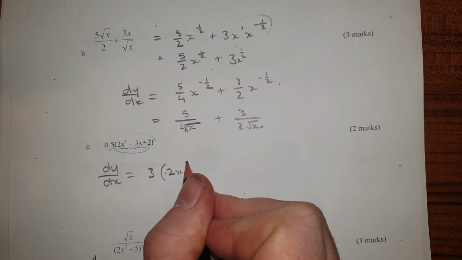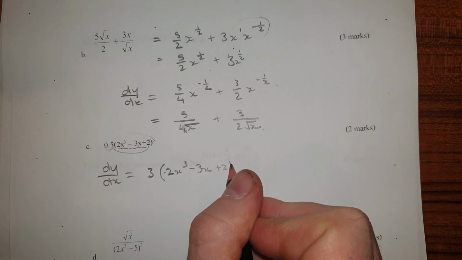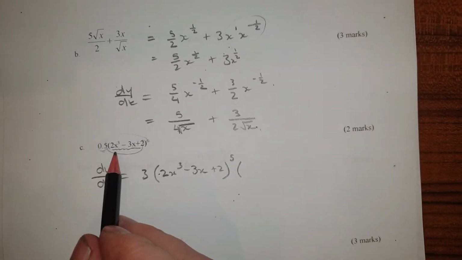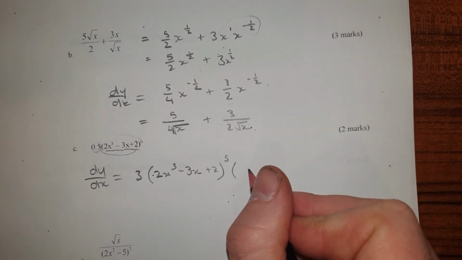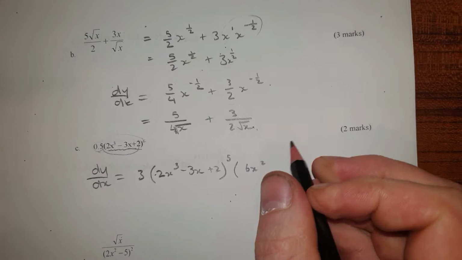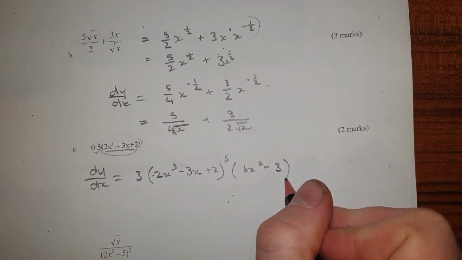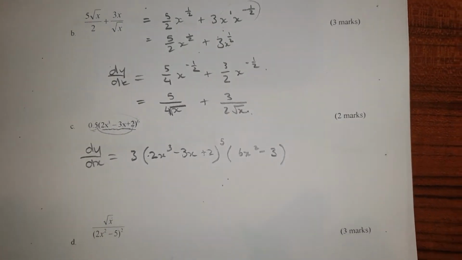Middle stays the same. Drop my power from 6 to 5, and then I've got to multiply by the derivative of my inside function. So the derivative of 2x cubed is 6x squared, the derivative of 3x is just 3. And I'm done. Wouldn't worry about simplifying that at all.